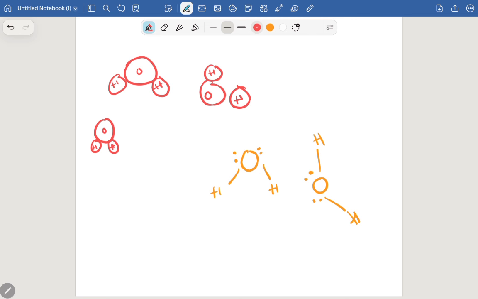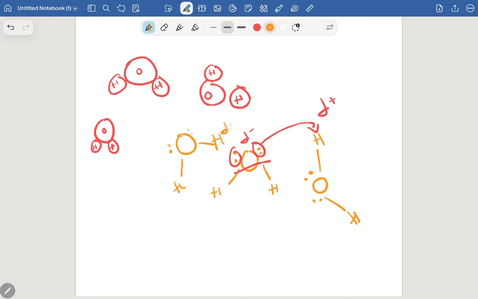Now, the extensive hydrogen bonding: a single water molecule will form 2 hydrogen bonds. Why? Because the oxygen, which is the one with the slight negative, has 2 lone pairs, meaning it will form a hydrogen bond with this partial positive. And then if we drew another one over here, this will have a slight partial positive, and this will form another hydrogen bond.